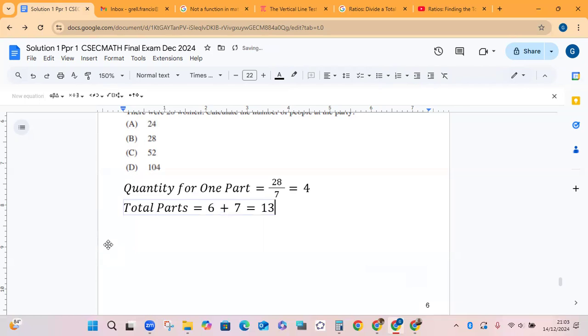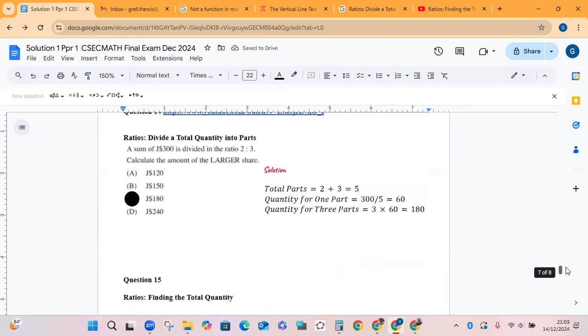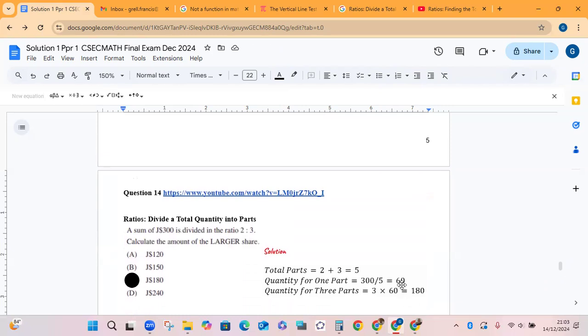That will give us 13. And again, the one part was obtained by dividing the total quantity by the total parts. So if we multiply the total parts by the one part, we should get back the total quantity. 5 times 60 should give us back 300.